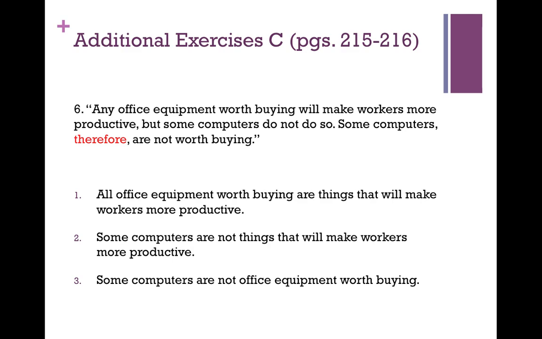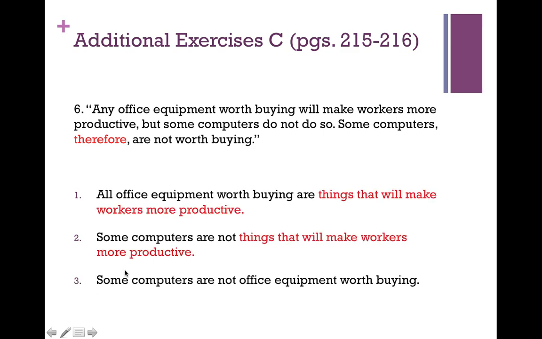Now that we have the argument laid out in standard form, what we want to do is determine if it's valid or invalid. And we need to figure out what the mood of the argument is. The mood is going to be A, and then some not, which is O, A, O, and some not, which is O, so A, O, O. And we need to know the figure.